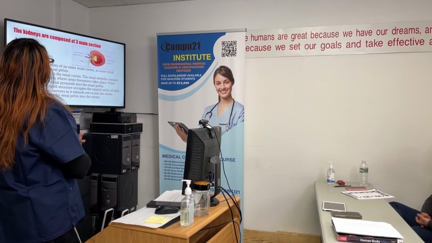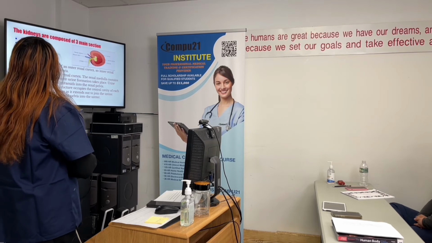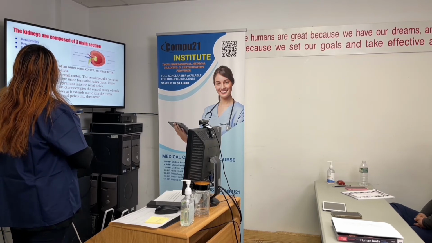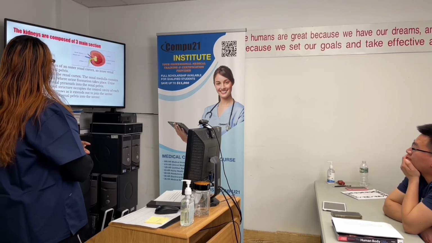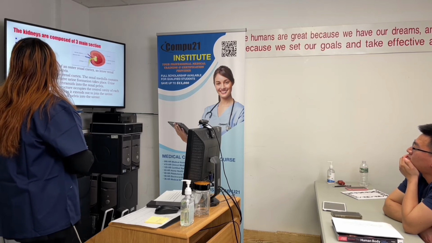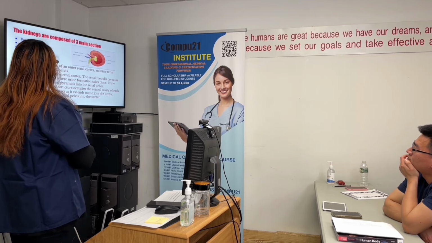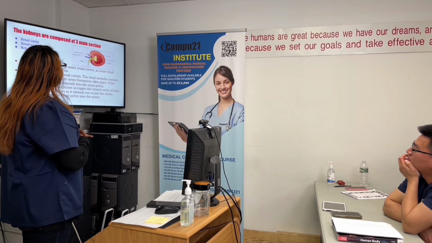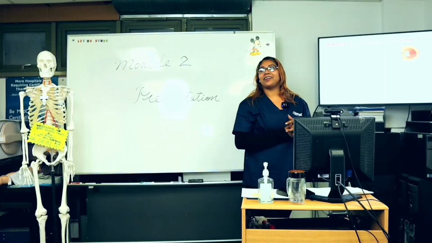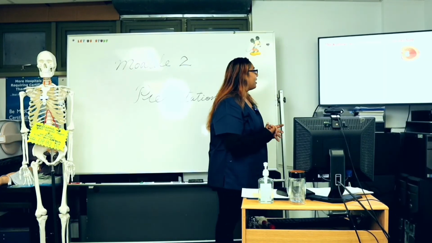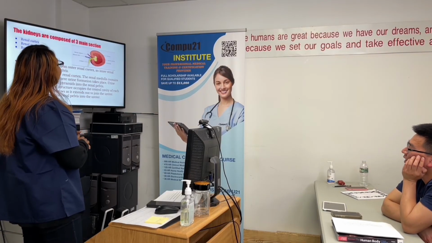The kidney is composed of three main sections: the renal cortex, the renal medulla, and the renal pelvis. Each kidney consists of an outer renal cortex, an inner renal medulla, and a renal pelvis. Blood is filtered in the renal cortex. The renal medulla contains the renal pyramids, where urine formation takes place.